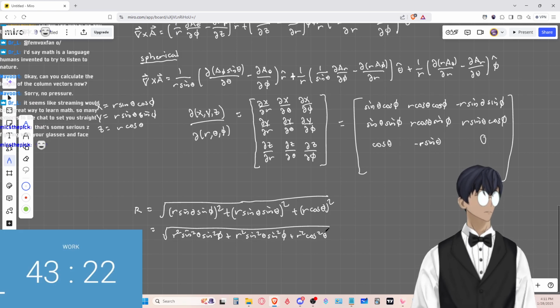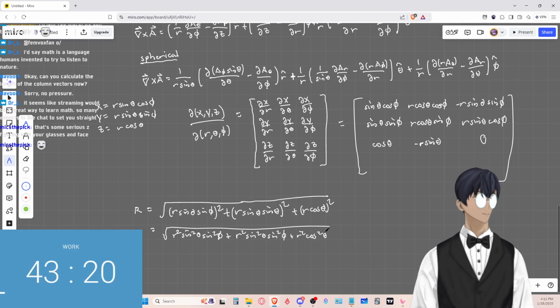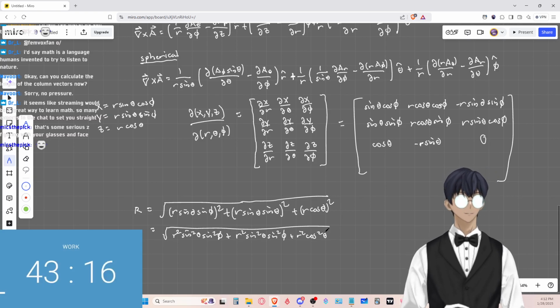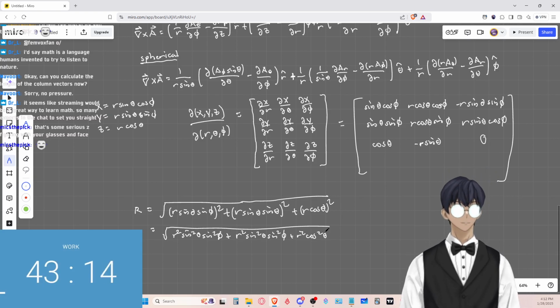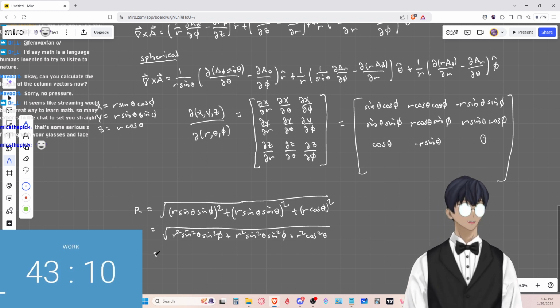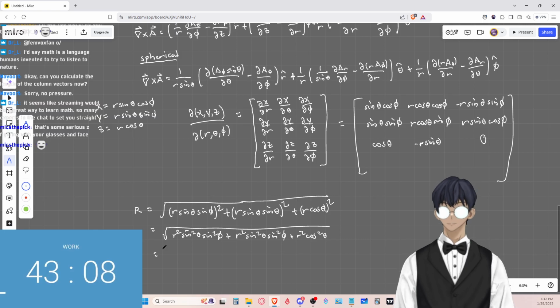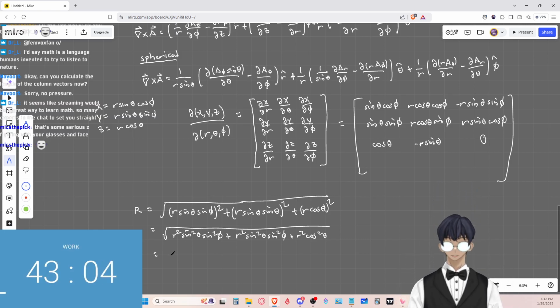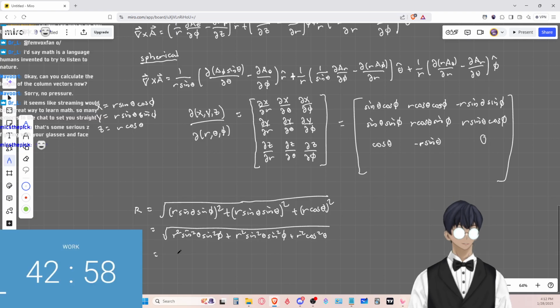This is some serious Z fighting with your glasses. What do you mean by that? So if you take the square root of those, sheesh.